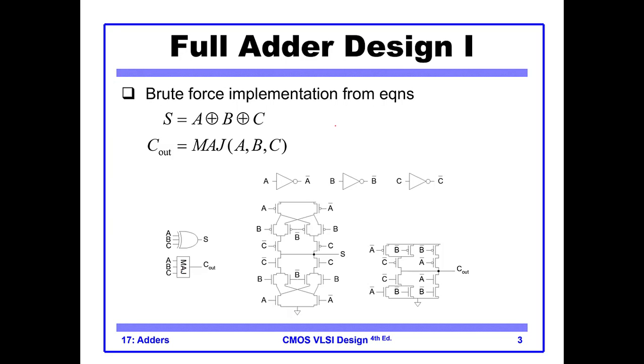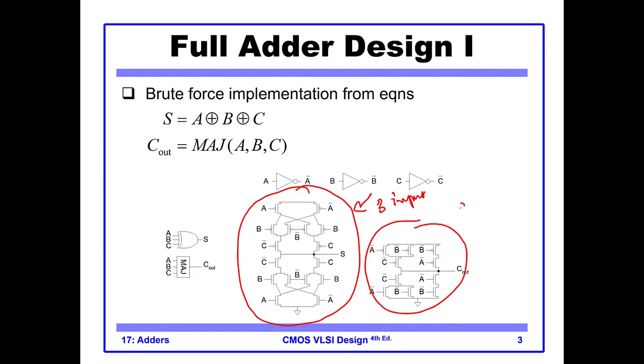Now at the transistor level, things can be optimized, and there can be several implementations, but this is one of the implementations in which we have 3 input XOR gates. So this is the 3 input XOR gate, and on the right we have the C out circuit.